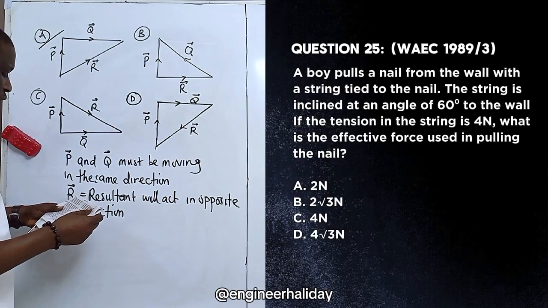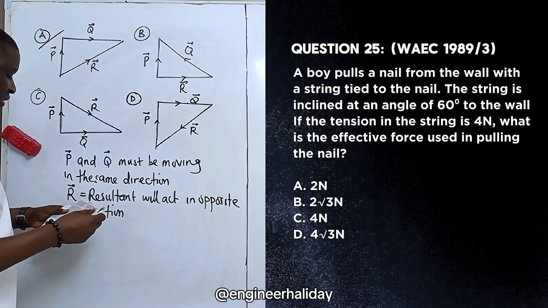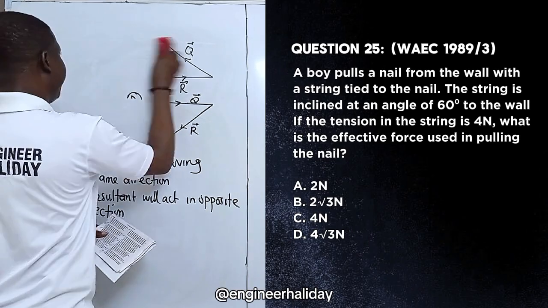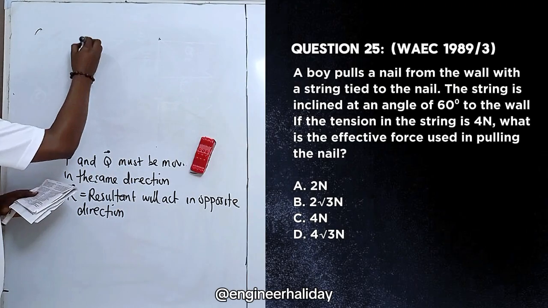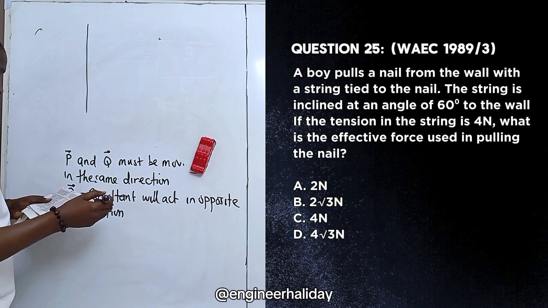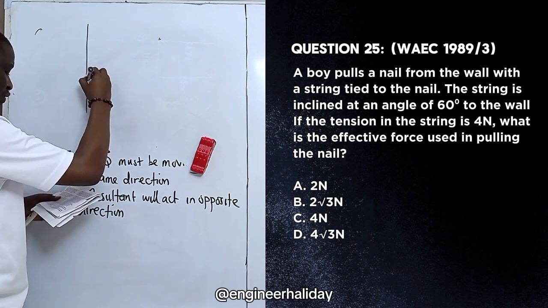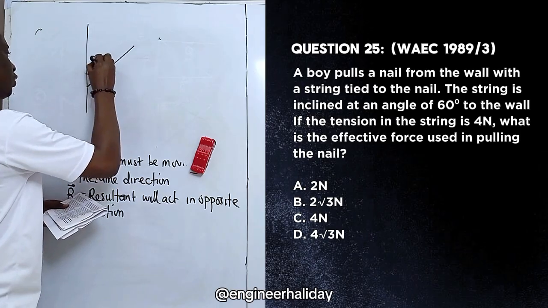If the tension in the string is 4 Newton, what is the effective force used in pulling the nail?